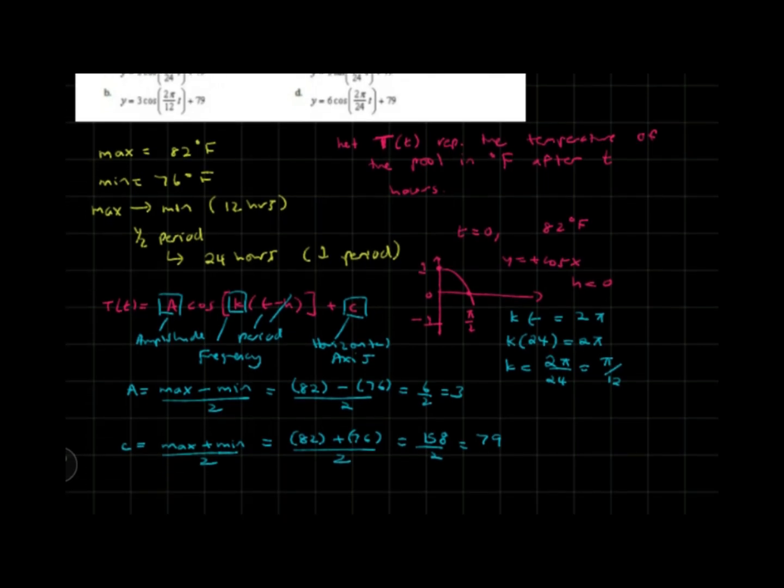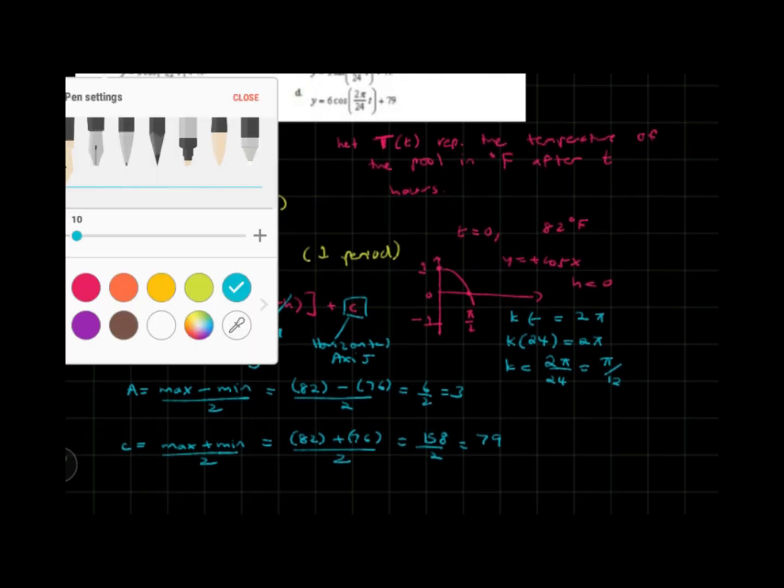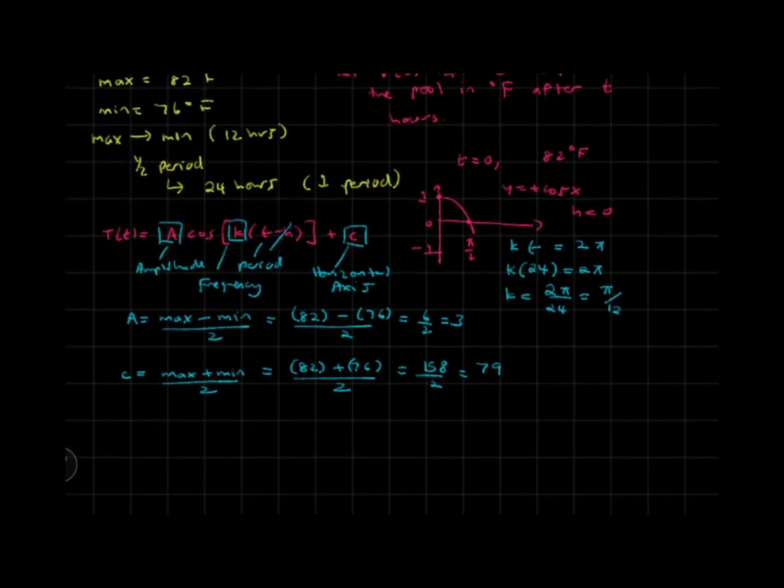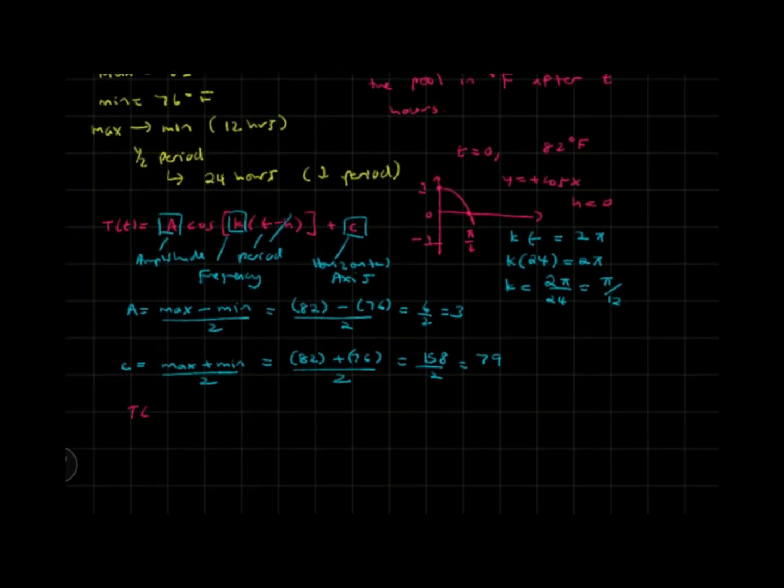So from everything we've gathered so far, our equation, T of t is equal to a, which is 3, cosine of k, which is pi over 12, t plus 79.